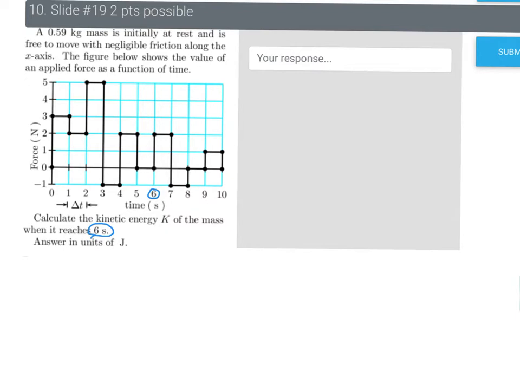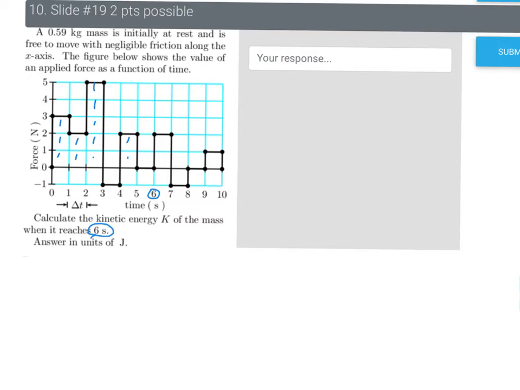So what I'm going to do is I'm just going to count boxes because the scale on the y-axis and the scale on the x-axis is the same. And so I'm just going to count off 1, 2, 3, 4, 5, 6, 7, 8, 9, 10, 11, 12.